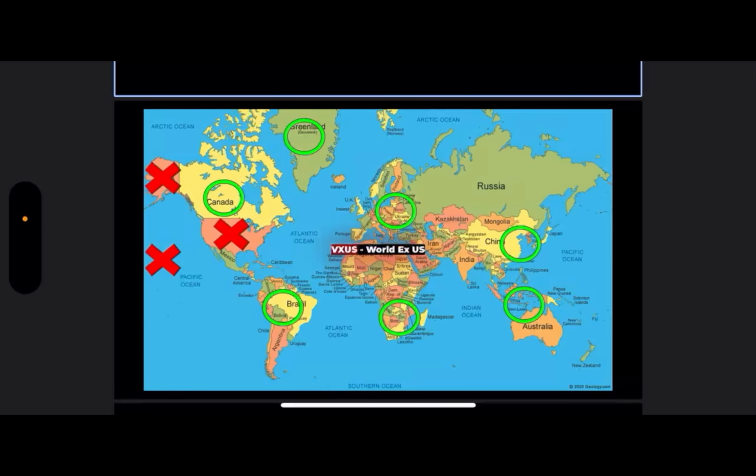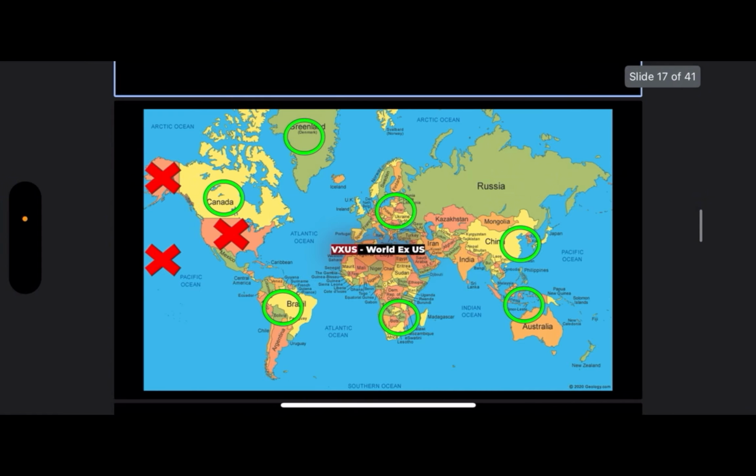So we're gonna start with VXUS. Again, you can see a green circle and a red cross. There are three red crosses, which mean that is the US. VXUS is not gonna include the US, but it includes the rest of the world: European countries, Asian countries.